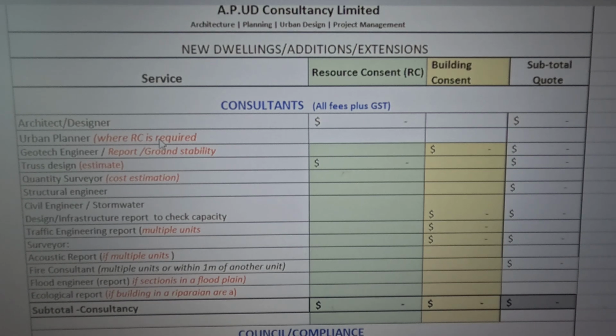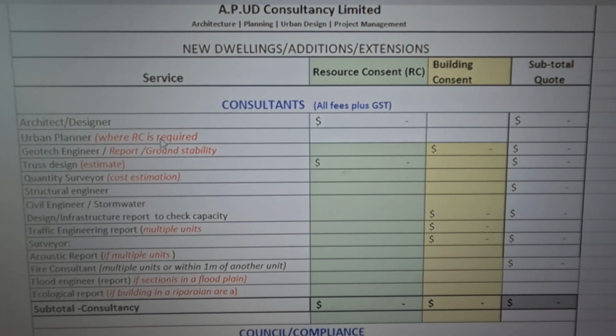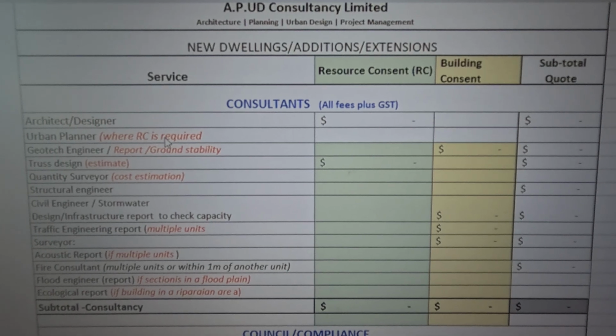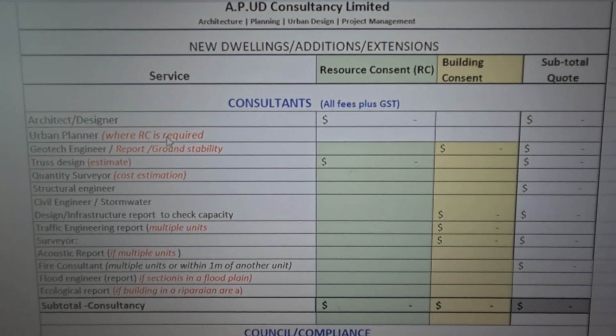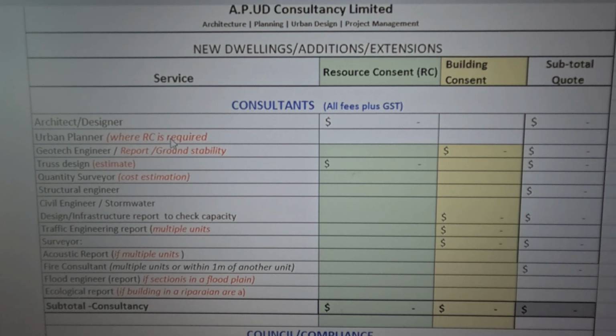And then you're going to need a geotech engineer. A geotech engineer, or a geotech report, is a professional who assesses the ground stability of your section, to determine what sort of foundation you're going to require.